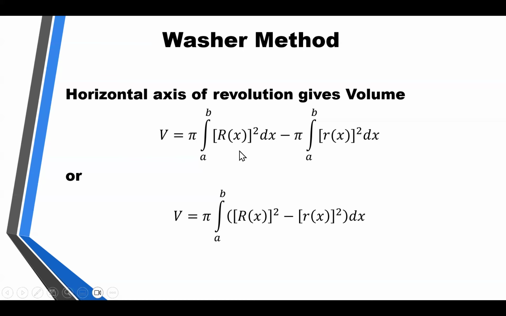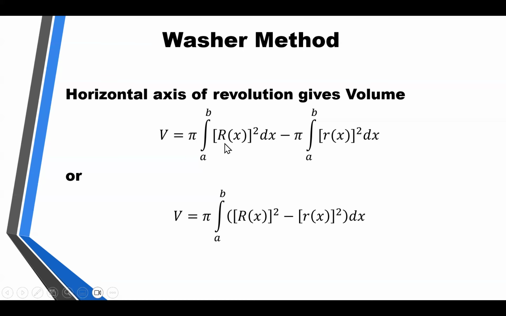Now, I want you to notice that the first disk method is going to have a radius which we call capital R. The second disk method has a radius which we call lowercase r. So we have two different radii.